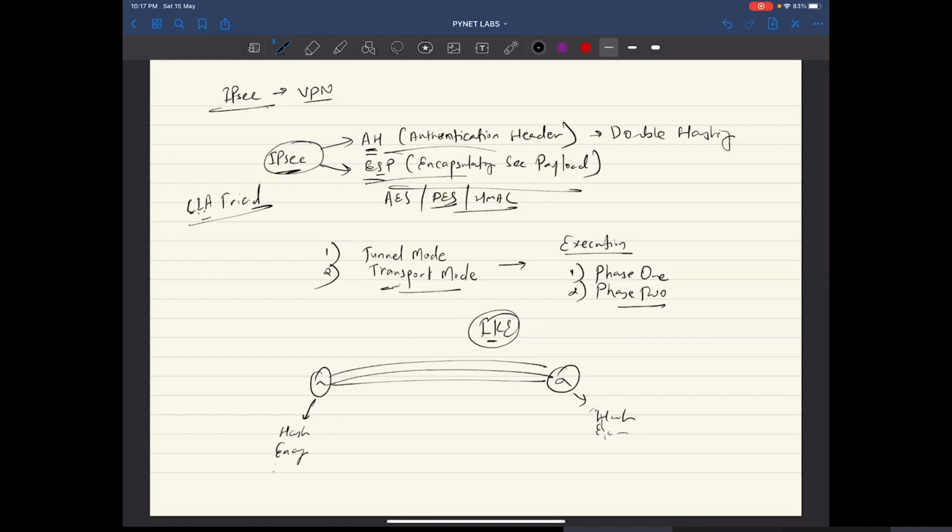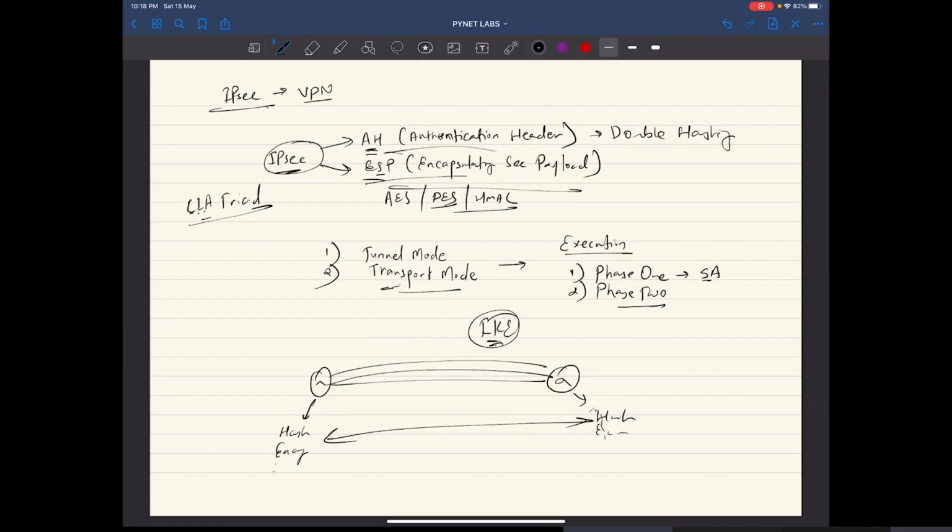Phase 1 takes care of the negotiations, and if the parameters match up, then phase 1 creates something called SAs, which stands for security associations. So the security association is created. It means the handshake has been done, everything is matched up, and you can move on to the second phase.